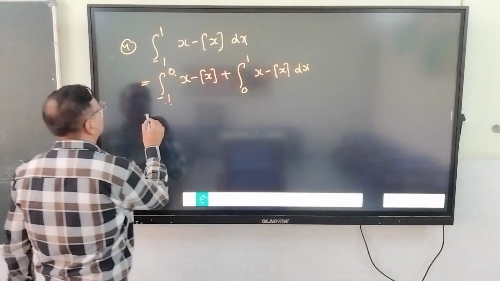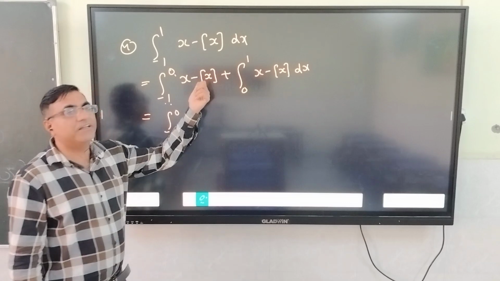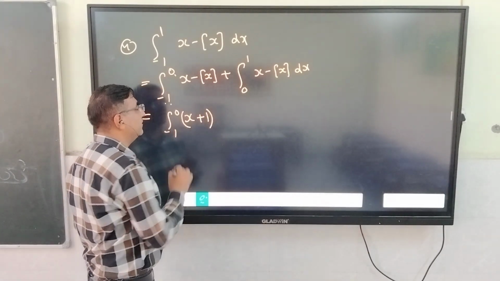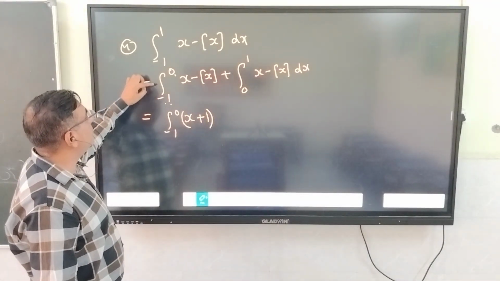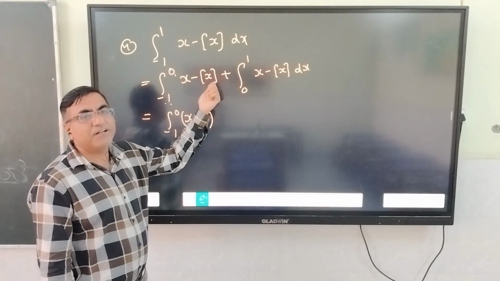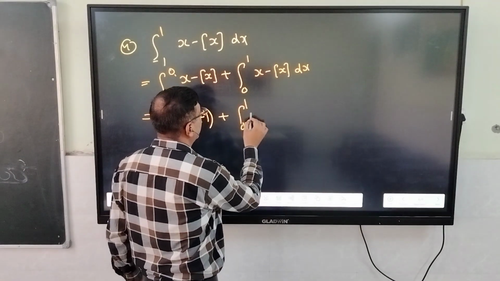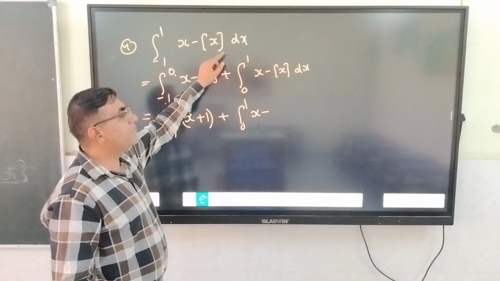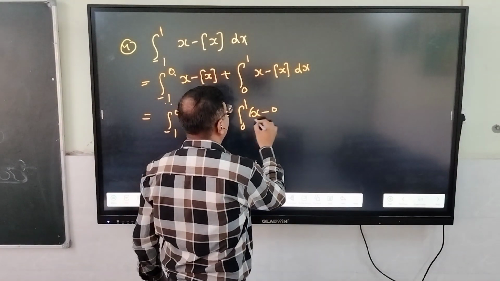So for minus 1 to 0, x minus the greatest integer of x is x plus 1. This is the important point here. If x varies from minus 1 to 0, the greatest integer function is minus 1, and for 0 to 1, x varies from 0 to 1 and its greatest integer is 0.